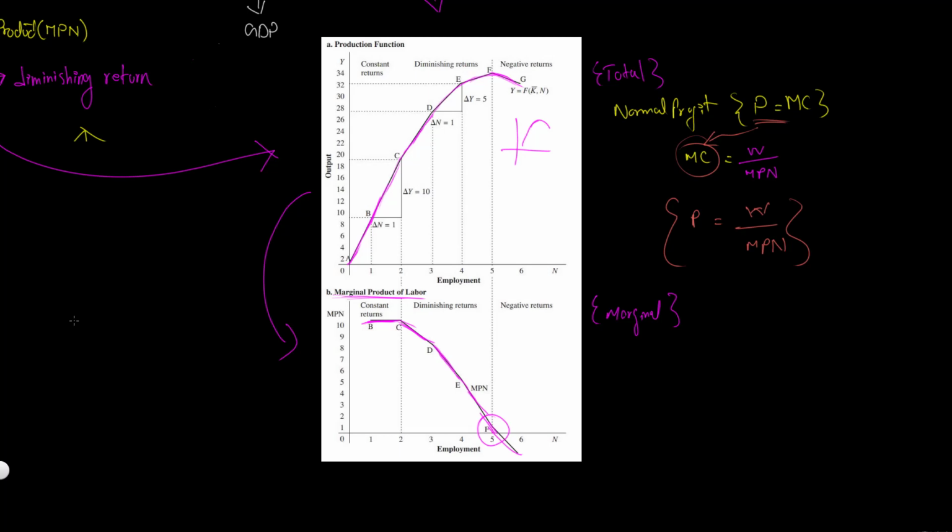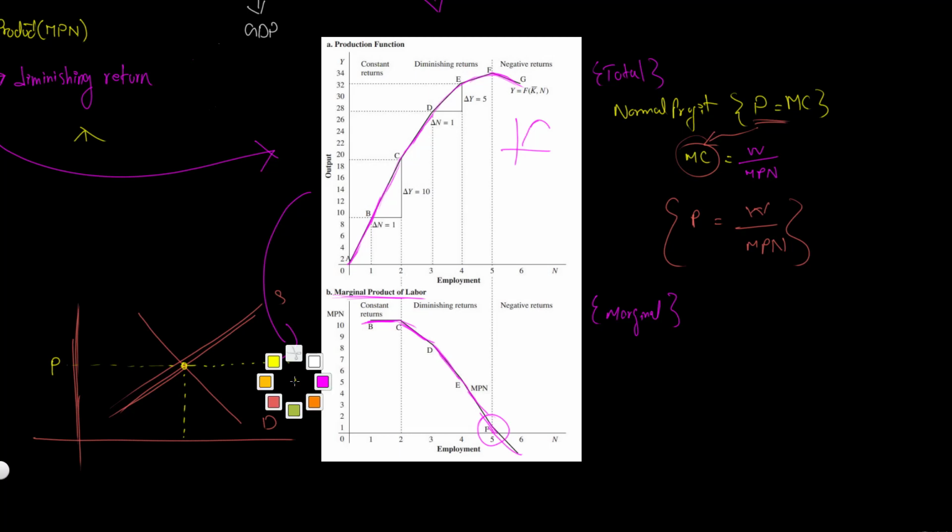A visual way of thinking about it is, let's say that we have a product market, and let's say that this is the supply in the market, and this is the demand in the market. And since this is a perfectly competitive market, which is another assumption that classical economists make, whatever is the price in the market is going to be the price at which the firms are going to hire their labor.